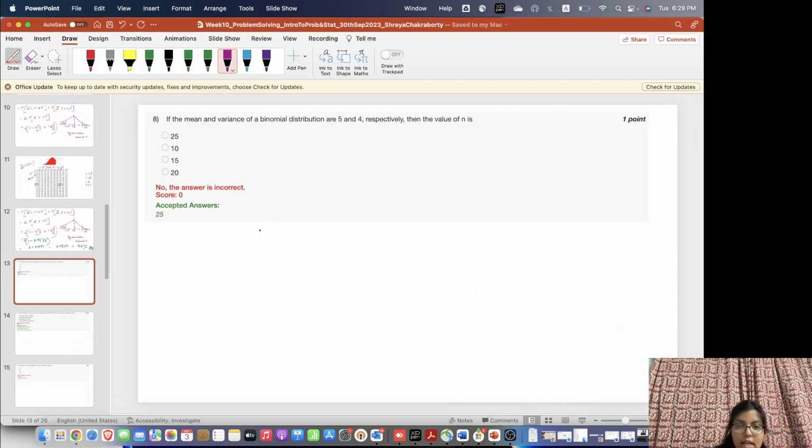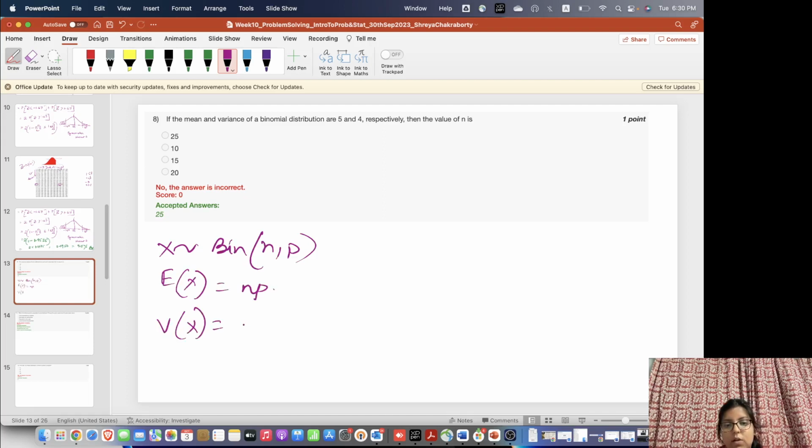Here they are saying that if the mean and variance of a binomial distribution are 5 and 4 respectively, what is the value of n? If X follows a binomial (n, p), the expectation of X is np and the variance of X is np(1 - p).